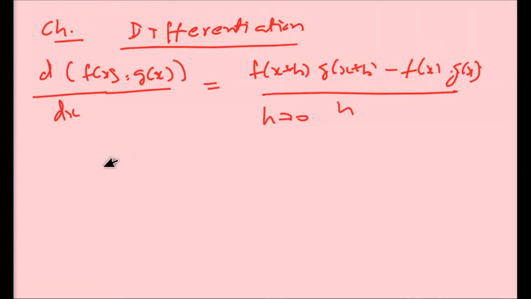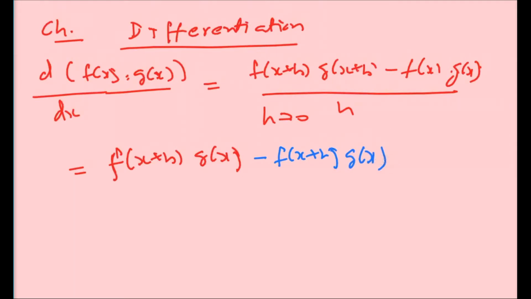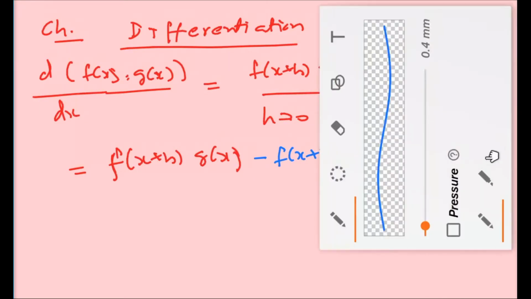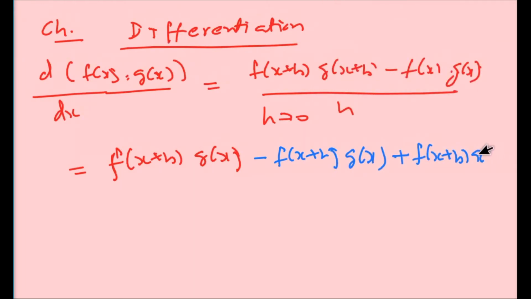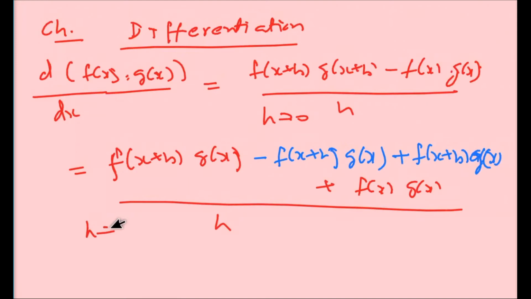Now you have to write here f(x+h) g(x+h), subtracting f(x+h) g(x), and adding also f(x+h) g(x), and write this step again, plus f(x) g(x), upon h, as h tends to 0. These two points you have to learn: you have to subtract this and add this, f(x+h) g(x).